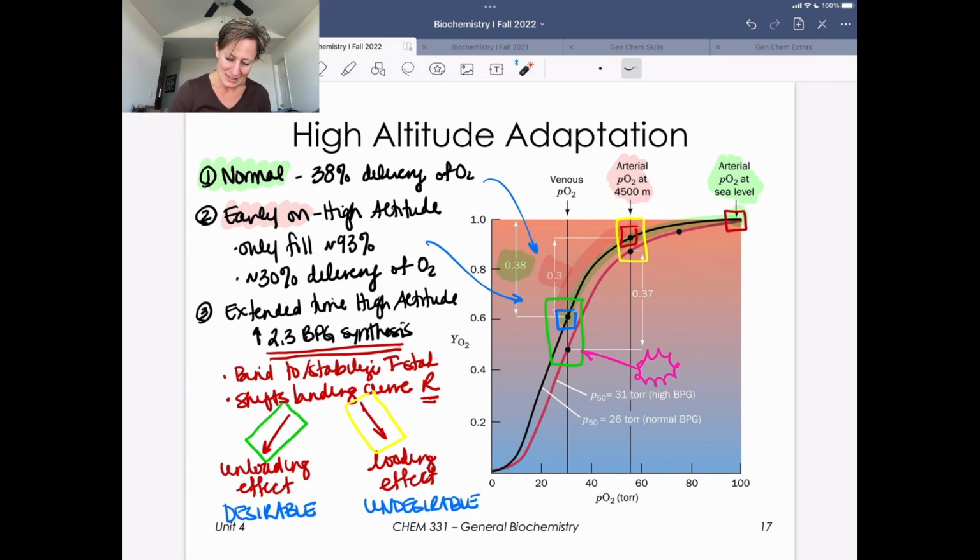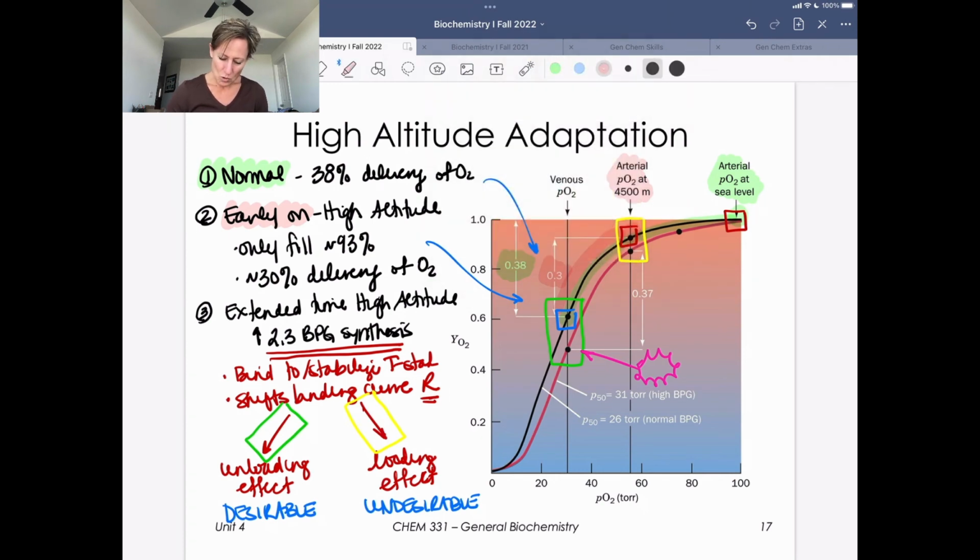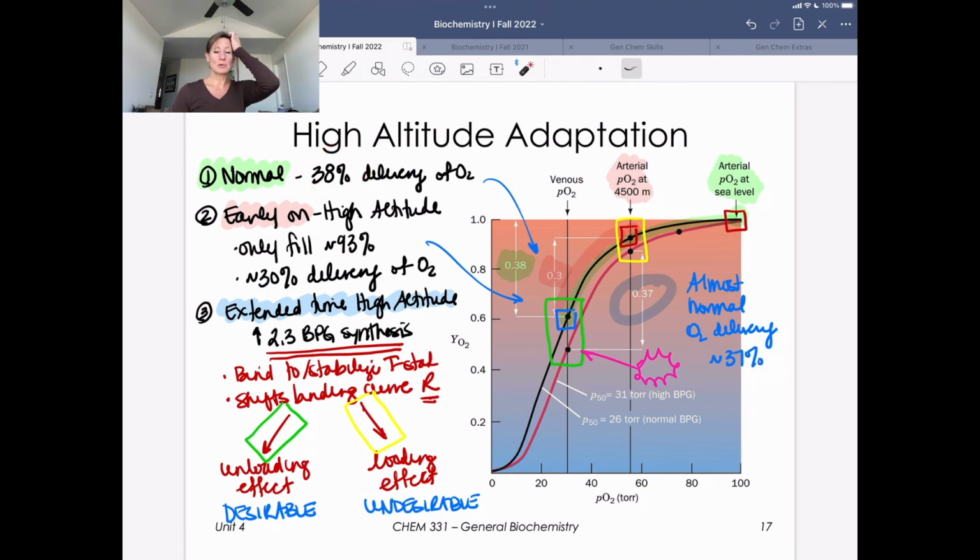And the point is, here's the money piece, that when we get to a situation where we have this extended time, oh, I don't want red, I want blue, this extended time at high altitude, we get back to almost normal oxygen delivery. So let's put this in here, that this is almost normal oxygen delivery. We're at about 37%, where under normal conditions we were at 38%.